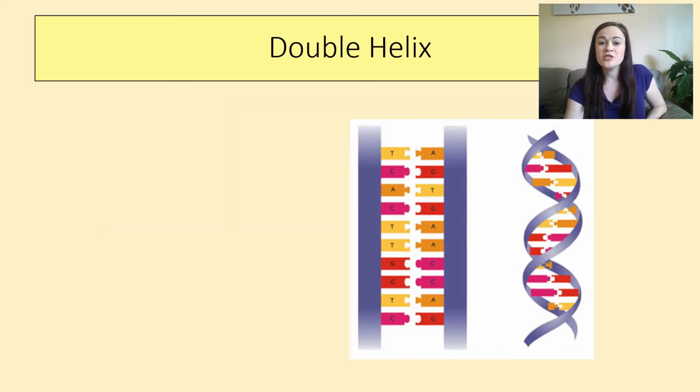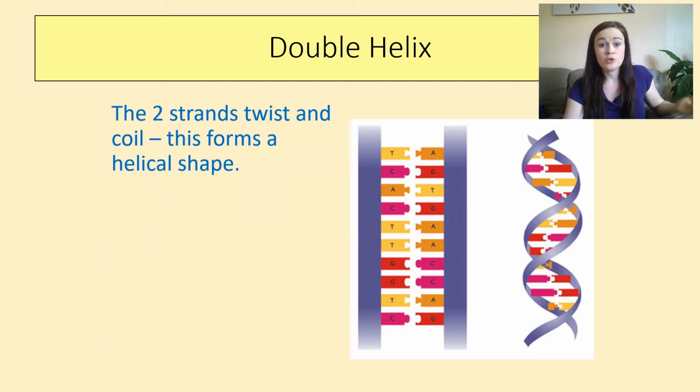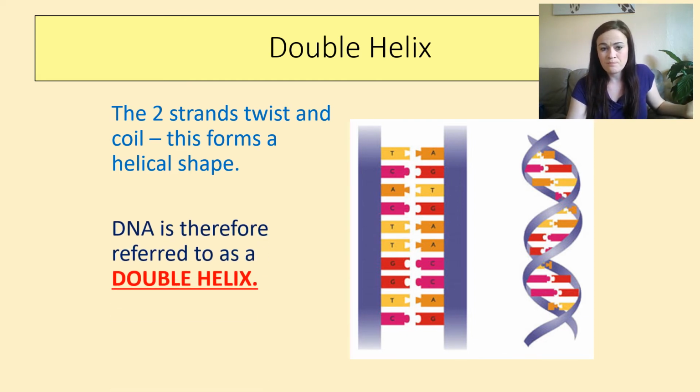Right, so now we're going to go into the double helix shape of DNA, which is not new information. You know from National 5 that DNA is in the shape of a double helix. You just have to keep knowing that for Higher. However, if you are wondering why it is a spiral staircase shape, this is not in the course, but it's because of the chemical attractions between different parts of the nucleotides and different parts of the bases.